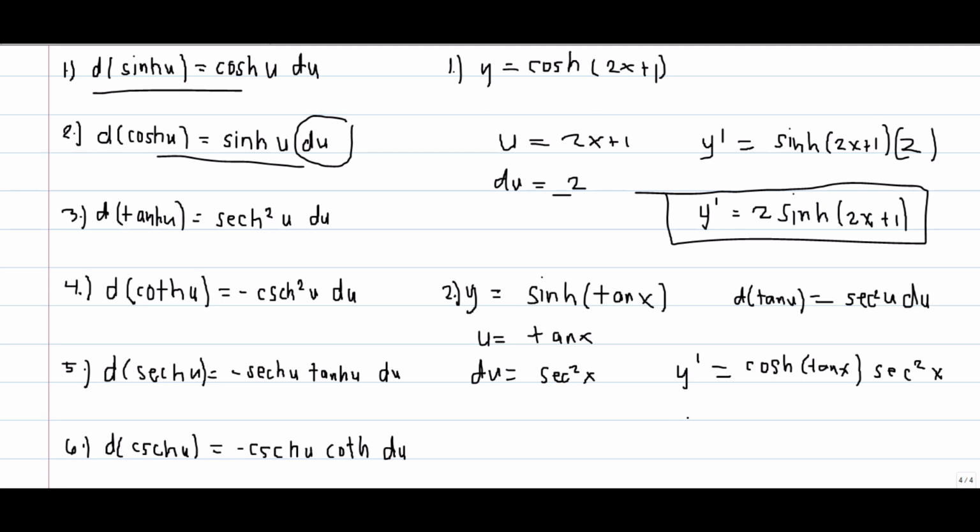To finalize our answer, y prime is equal to secant squared x times cosh of tan x.